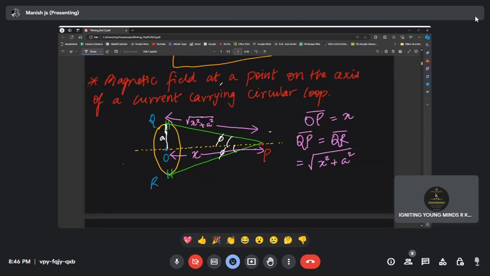Having understood all these values, and very important, the current direction also you have to show in the loop. So say the loop is carrying a current of I, like this.